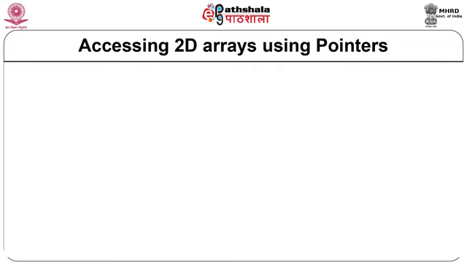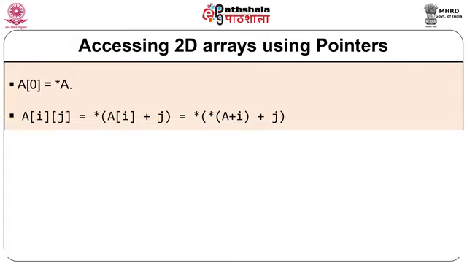We note that A0 equal to *A. Therefore, Aij equal to *(Ai + j), equal to the double pointer, that is *(*(A + i) + j).